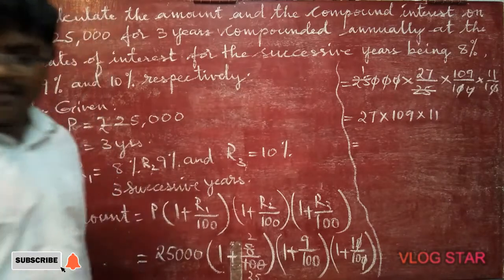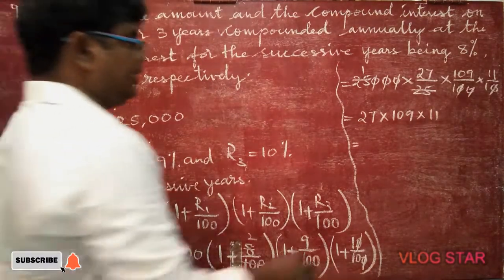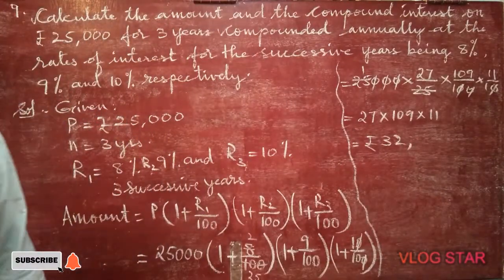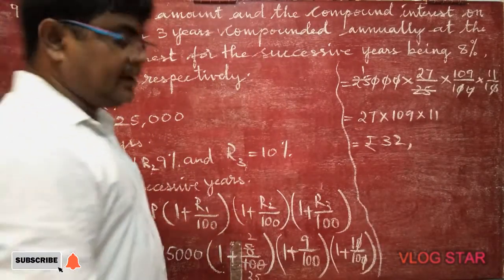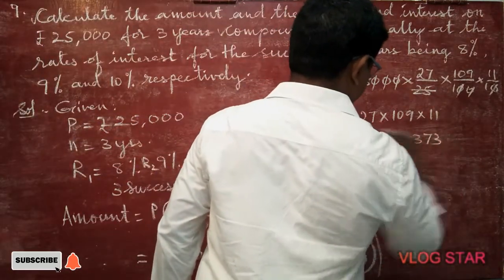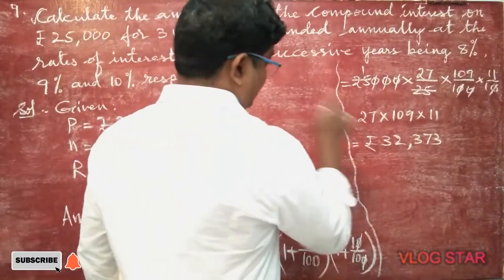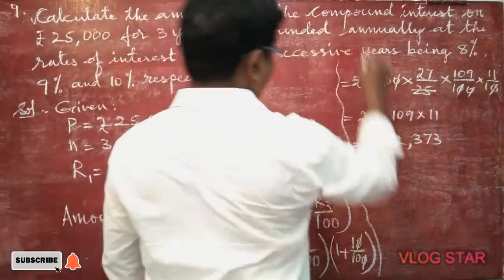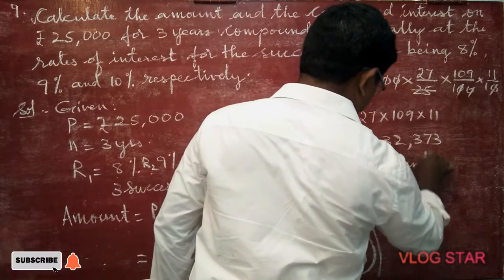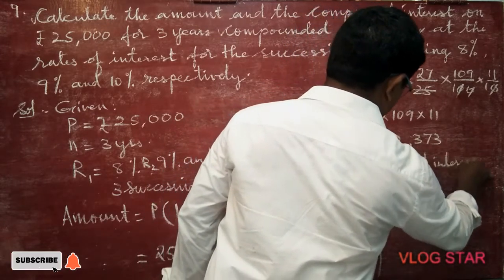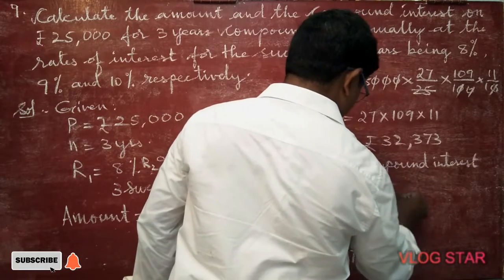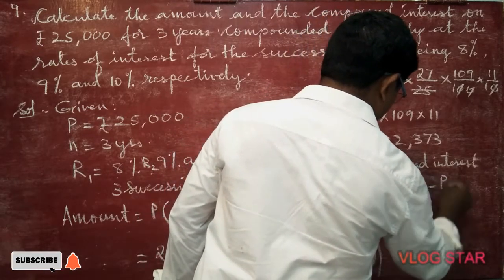Multiply. If you multiply, you will get rupees 32,373. Now we got amount. They are asking to find compound interest also. So CI is equal to amount minus principal.